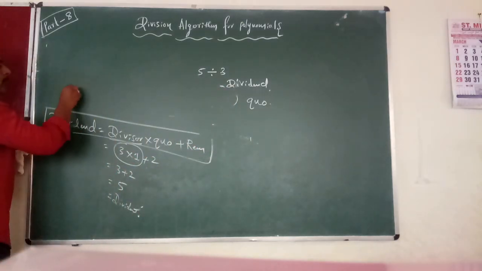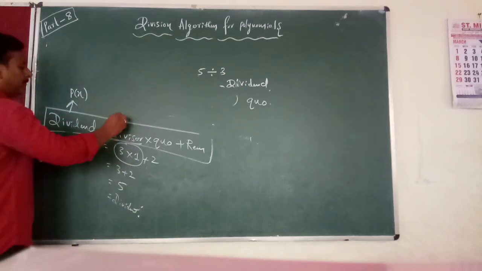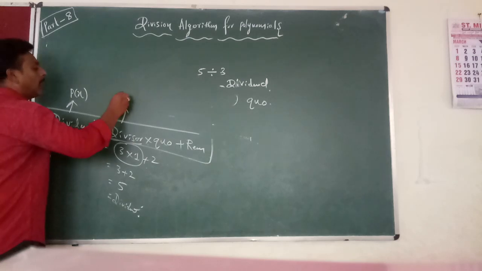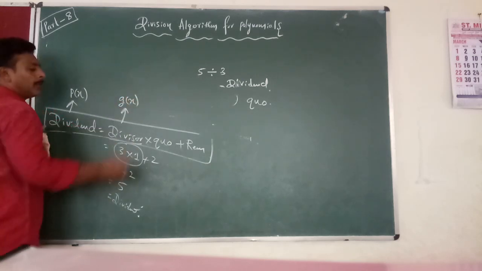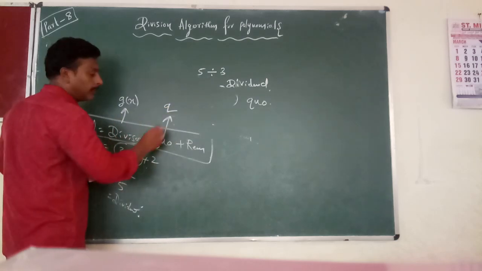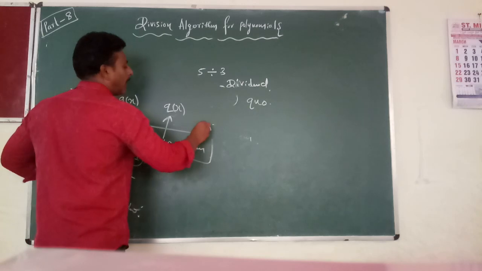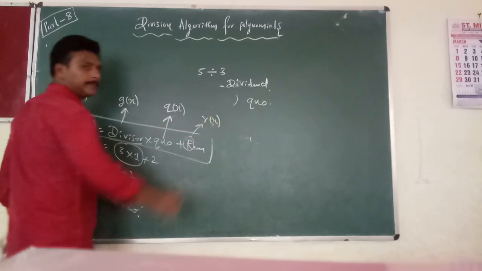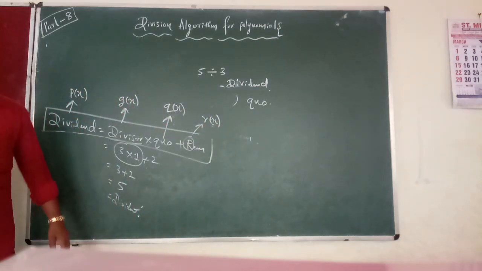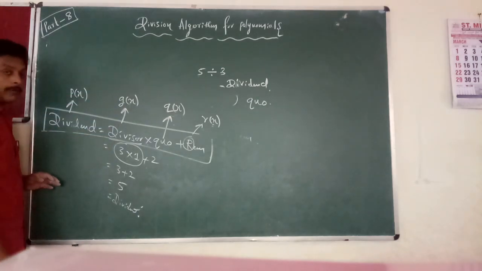I take the dividend as p of x, the divisor as g of x, the quotient as q of x, and the remainder as r of x. So how to define it? Division algorithm for polynomials. All of you listen.